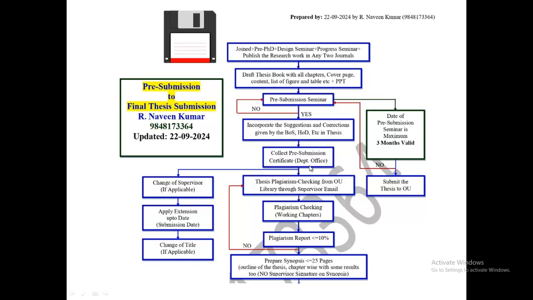Parallelly, if any change of supervisors is needed, for example, the supervisor is retiring or the supervisor is no more, or the supervisor is out of city or out of country, then you can request for the change of supervisor and you have to apply for it.